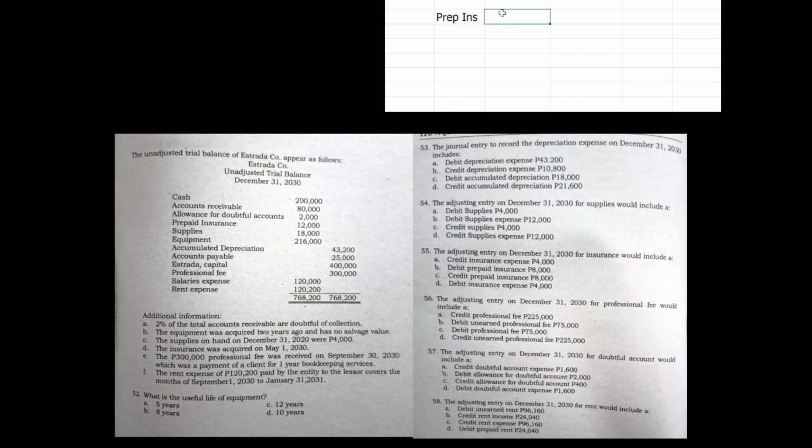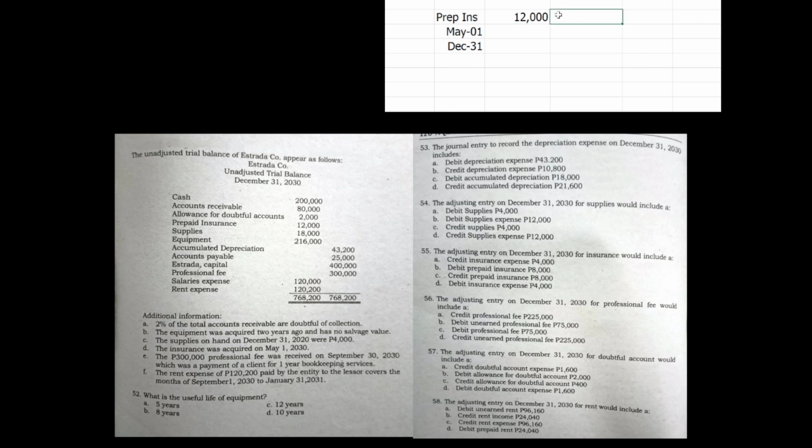So yung amount is 12,000. So, sabi sa additional information, it was acquired May 1 of the current year. So, May 1 of the current year, that is 12,000. Pero, kapag sinabi sa atin, adjusting entry on December 31, syempre, portion ng ating prepaid insurance is ma-expense na yun.